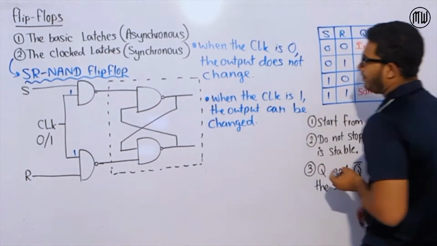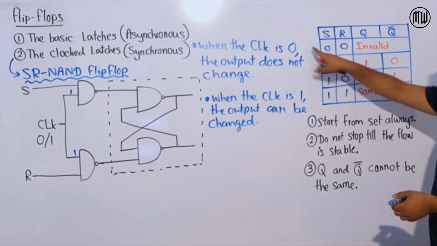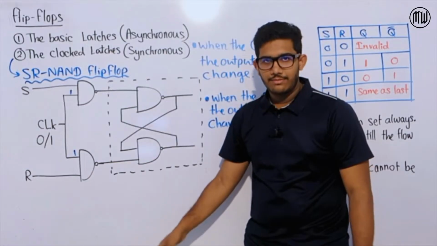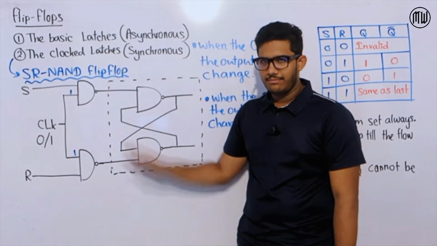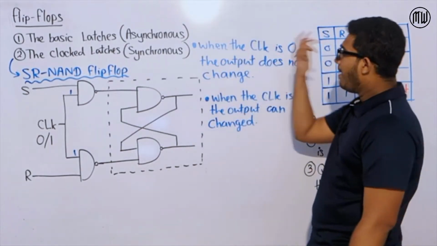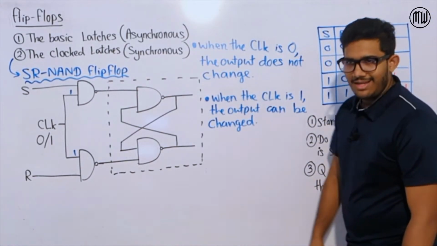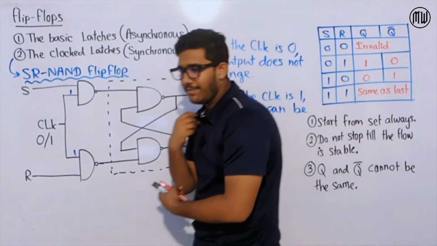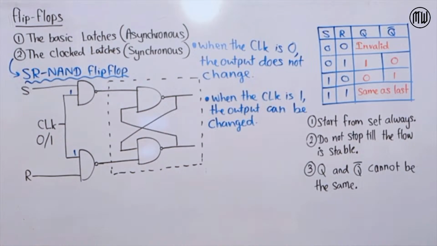Basically, if the clock is 0, our main flip-flop area gets locked. Like a lock window, the gate is locked, so it doesn't work. It's paused. But if the clock is 1, it means it's unlocked. It can work as usual. So if the clock is 0, the flip-flop is actually paused.